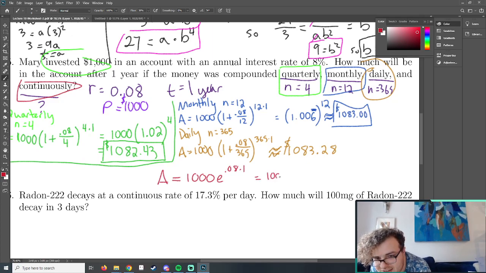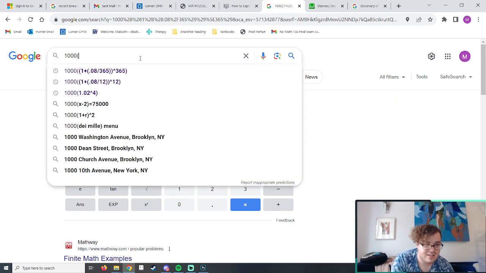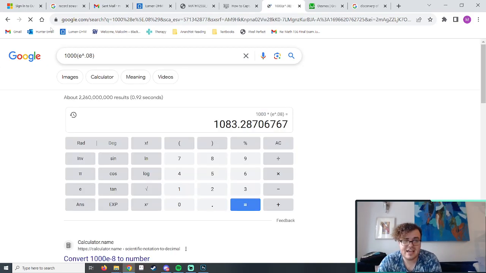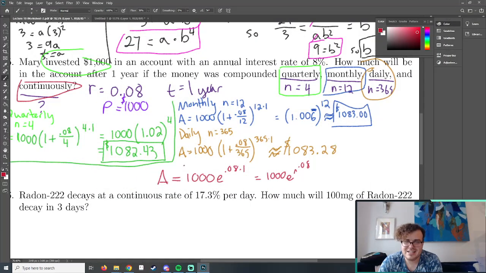So that's 1,000 E to the 0.08 power, which if I go back to my calculator here, I can get rid of all this funniness and go E to the 0.08. It thinks it's an address. And there we have $1,083.29 after rounding. That's right, continuously increased from daily by 1 cent. Or I'll say approximately equal to again. I keep doing this regular equal sign and then drawing the approximately equal over it. Usually you just do this.